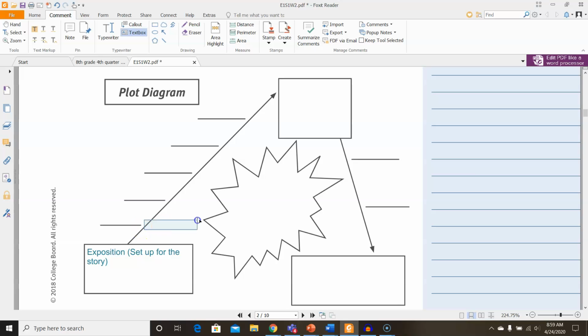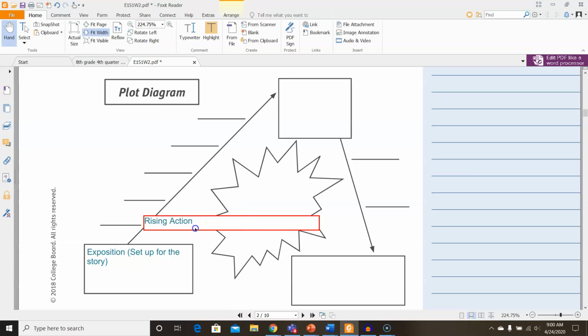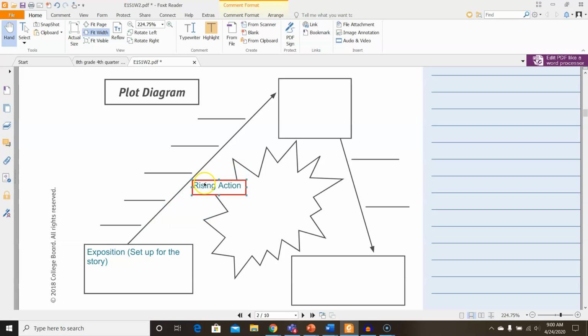which I'm going to add a text box for, because I think it's going to allow me to maybe make it diagonal. I'm going to try that real quick. Rising action. Your rising action is basically like things are starting to heat up. Something is happening in your story that's causing some kind of conflict.